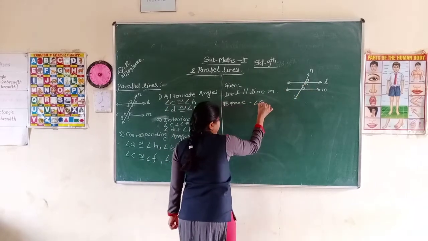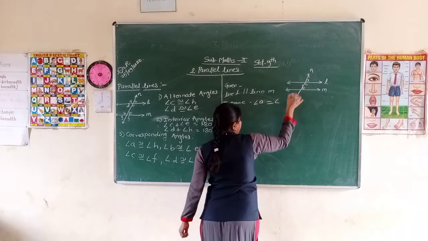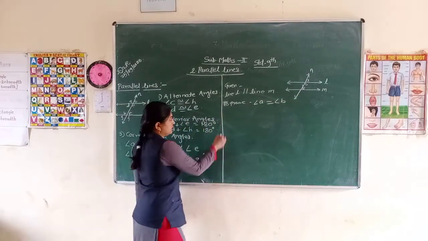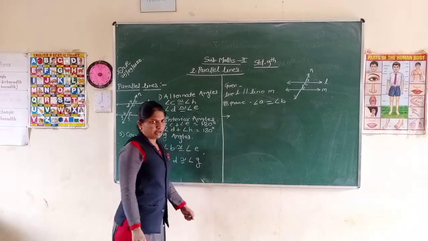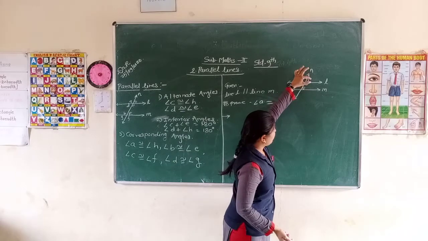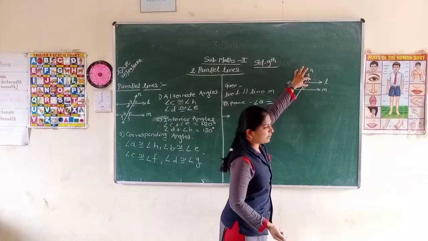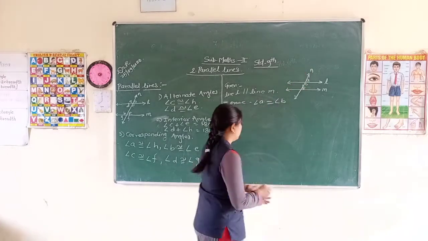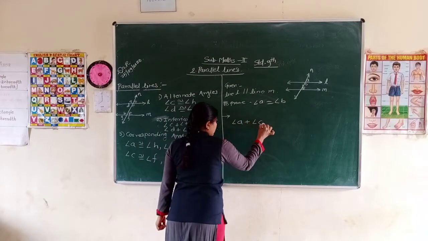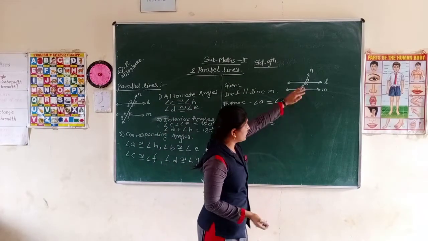corresponding angles are of equal measures, means angle A equal to angle B. For this, firstly take angle A plus angle C. These two are linear pair angles.